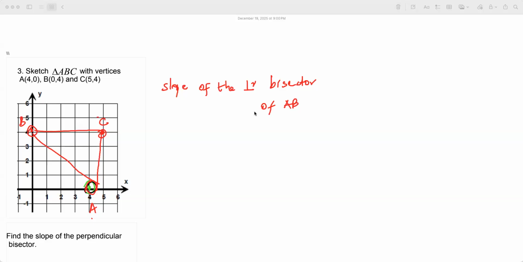Would you just find the slope of AB and then use a negative reciprocal of that? Great, yes. You can always find the equation of the line AB, which gives you the slope. Or you can just find the slope given the two points A and B. In Algebra 1, we learned that the perpendicular slope is always a negative reciprocal. So you'll find the negative reciprocal. Make sense?